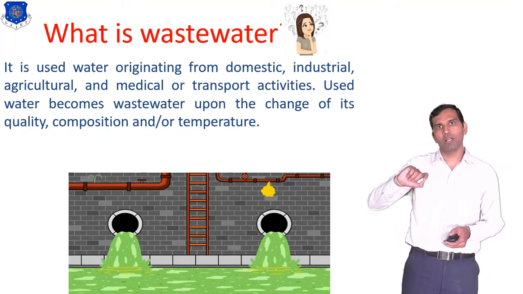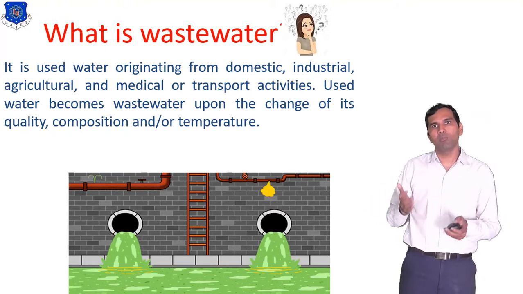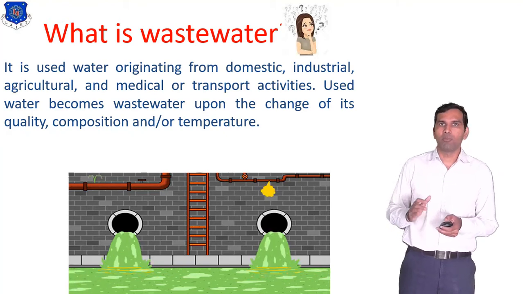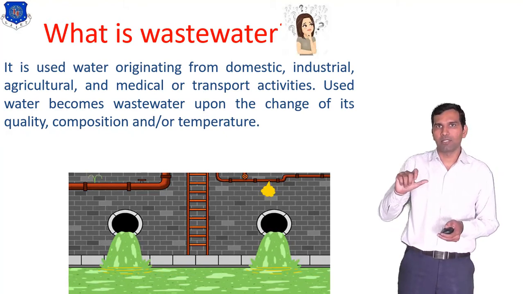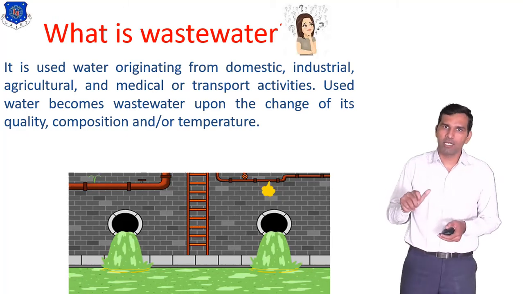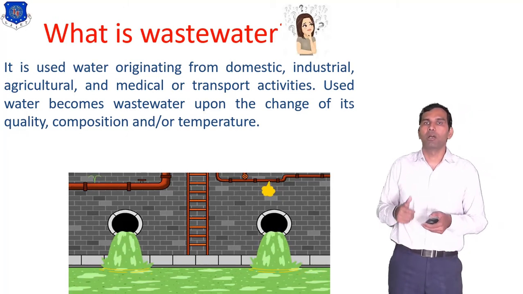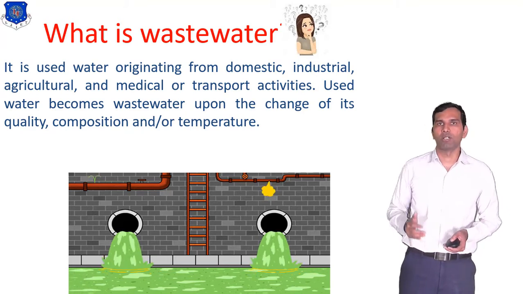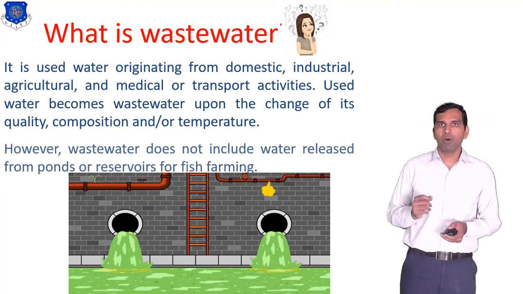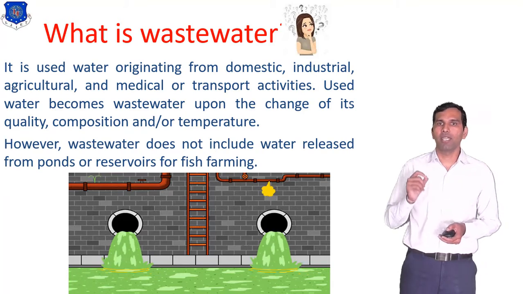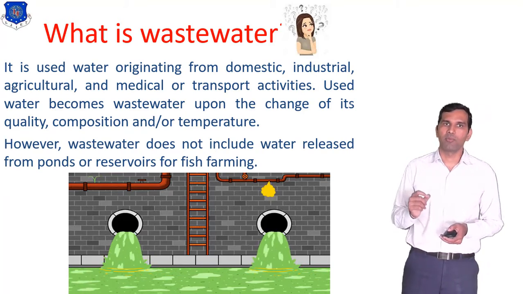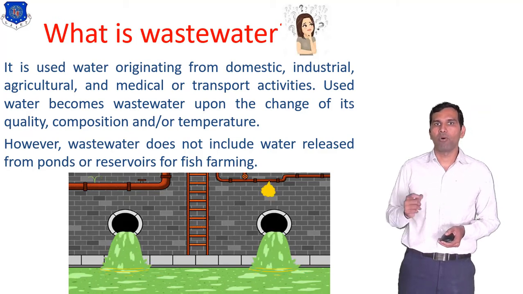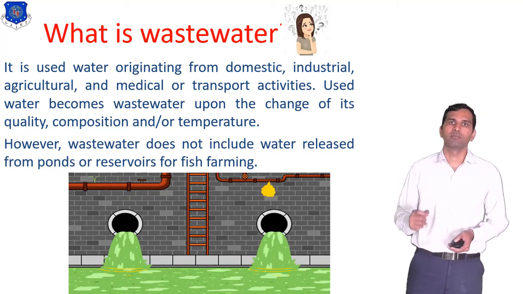So wastewater is nothing but used water. That means if the water quality, temperature or composition changes, then the water becomes wastewater. However, wastewater does not include water released from ponds or reservoirs for fish farms.